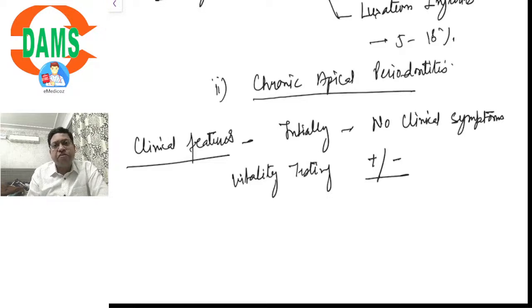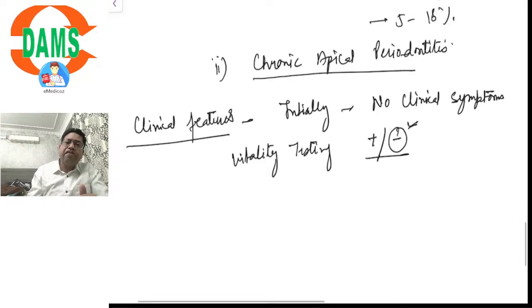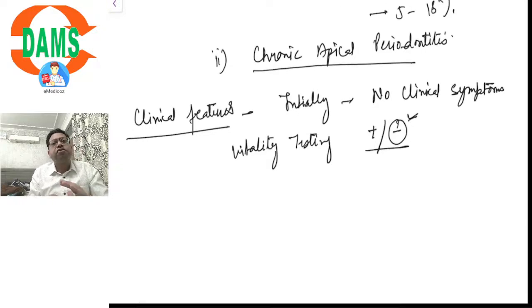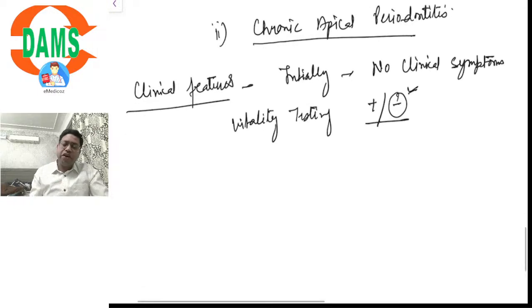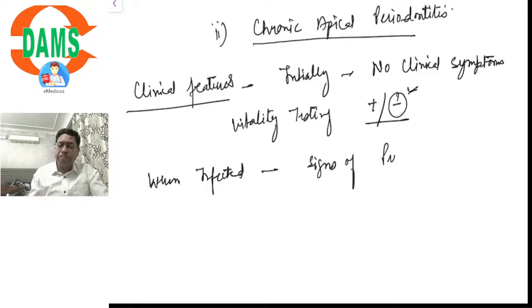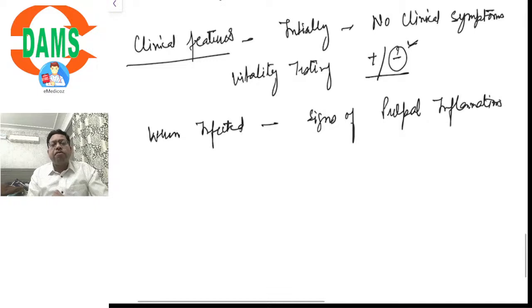If the question is specifically asking you and giving you options like positive and negative separate, then you stick to the negative pulpal testing. Otherwise, in the strictest sense, there are no clear-cut pulpal indications in the initial stages of tooth resorption. When secondarily infected, there would be signs of pulpal inflammation. But there are no clinical symptoms initially.